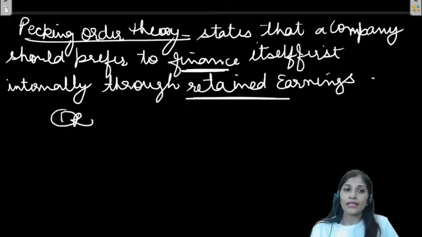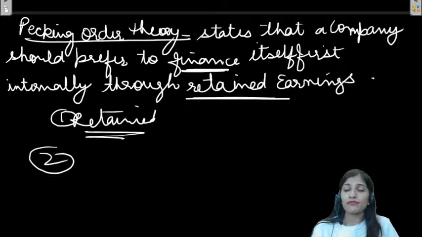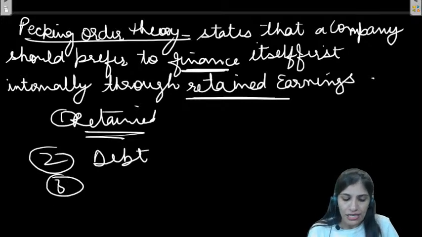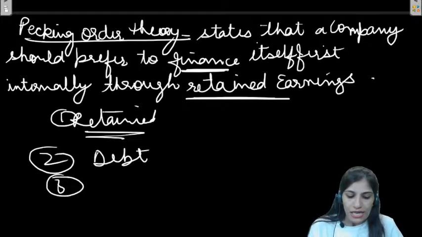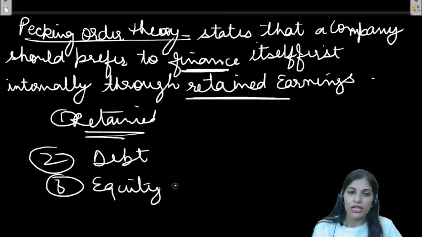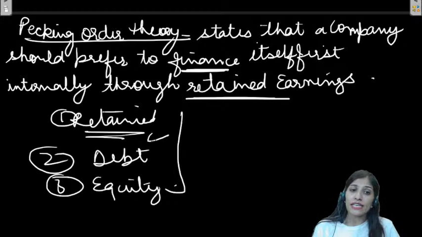So first of all, it has to finance itself with retained earnings. After that, if retained earnings are not available, then we have the option of debt. And if we are not having the option of debt, again we will have to choose equity. So retained earnings, debt and equity are the options.